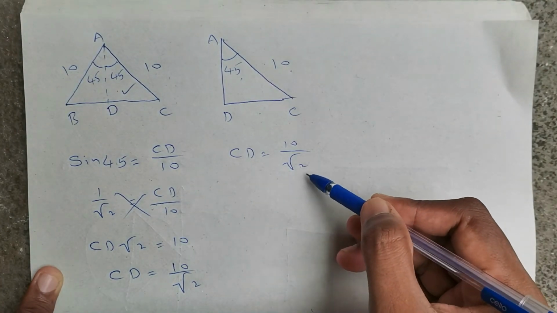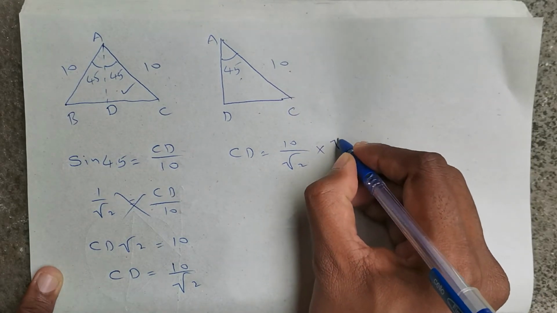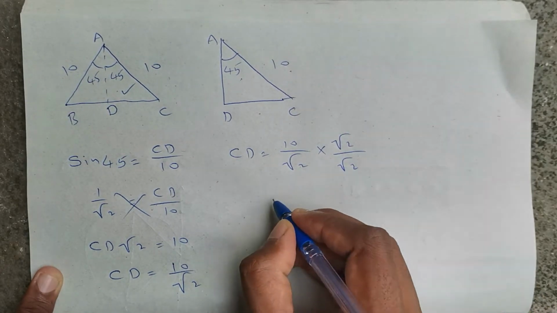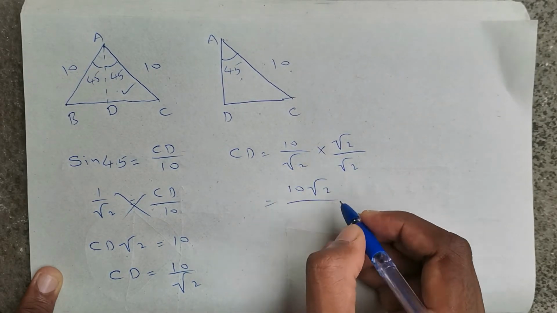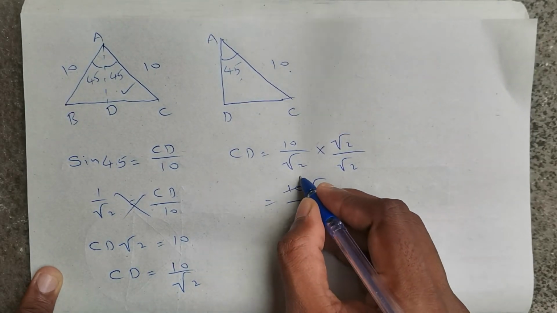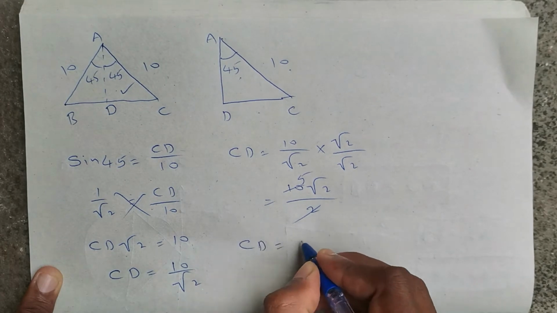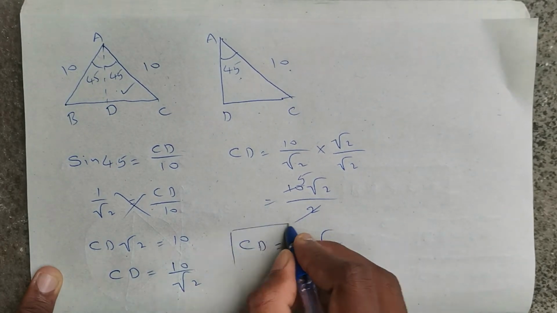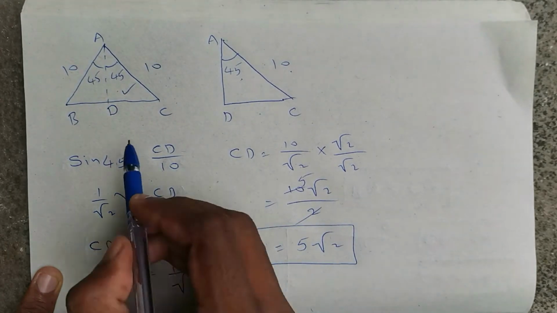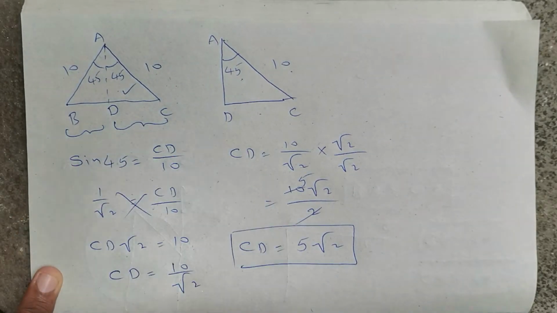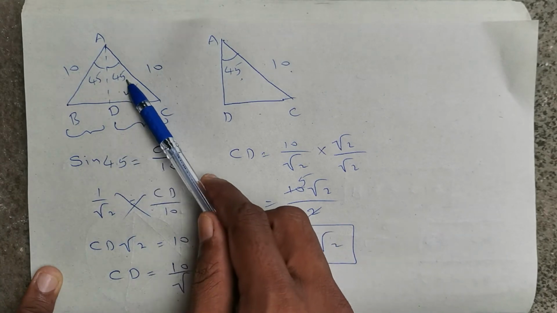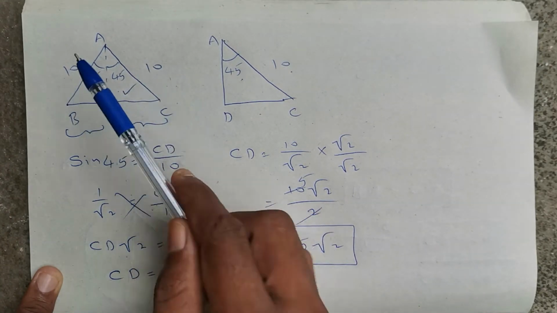We don't want any irrational number in the denominator, so multiply and divide by root 2 again. 10 into root 2, 10 root 2 divided by root 2 into root 2, which is 2. 2 fives are 10, so CD is equal to 5 times root 2. Here the CD measurement is exactly equal to the BD measurement, because of the same angle 45 degrees and the same measurement 10 centimeters.